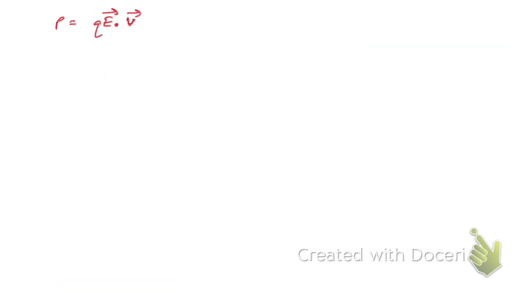You see this expression of power, or rate of doing work, for a continuous charge distribution in a volume with charge density rho, which we have already mentioned.